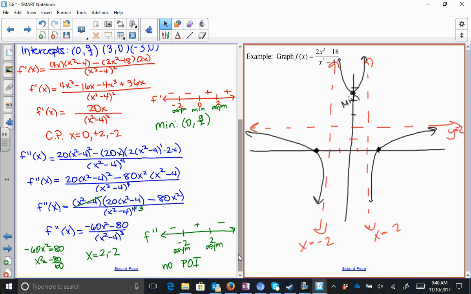Whatever you have for your calculus, you need to make it match your graph. So if you think your calculus is wrong, you've got to go back and fix it. But whatever you have for increasing, decreasing, concave up, concave down, min, max, that's got to be on your graph. If our calculus does end up being wrong, will you grade the graph according to what we had? Yes, I will.